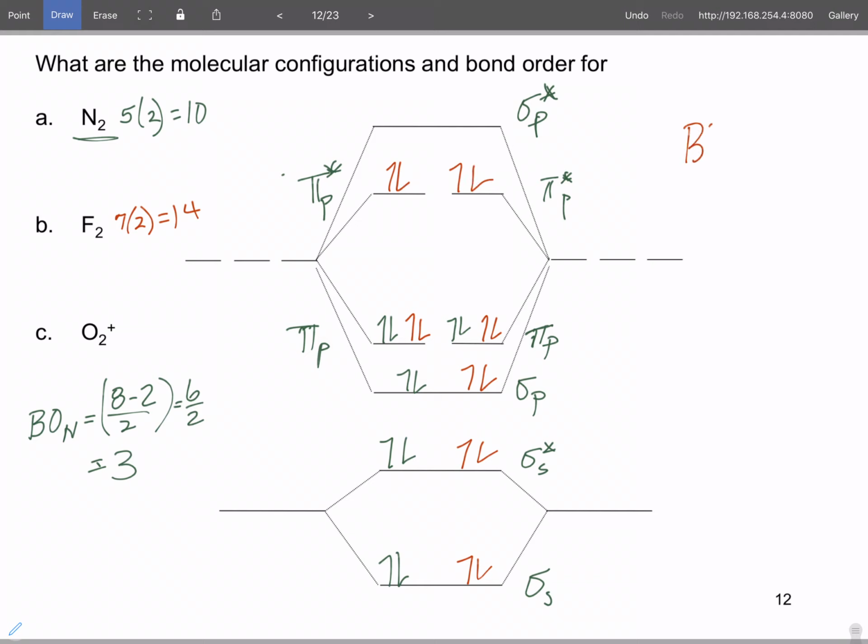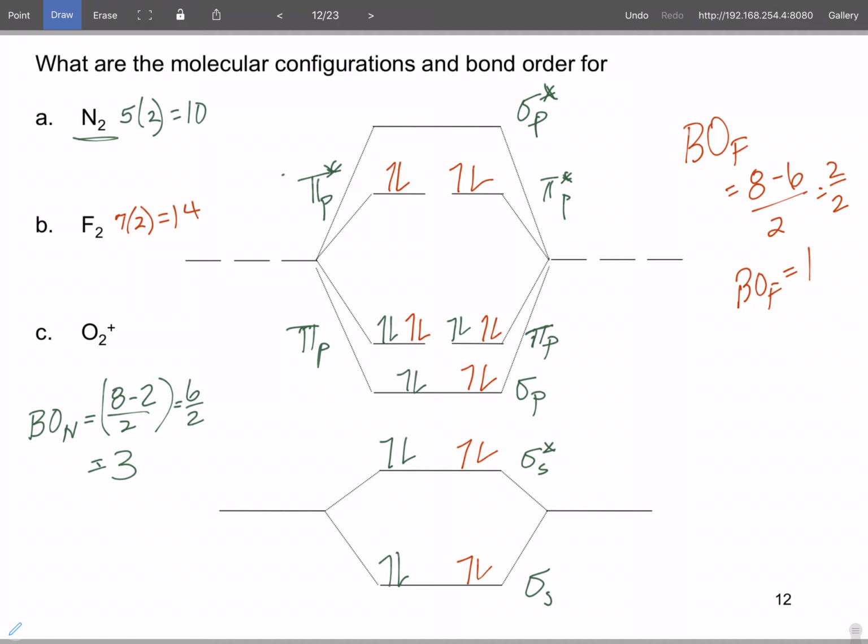So if we look at the bond order for the fluorine, we have 2, 4, 6, 8 bonding electrons, and then we have 2, 4, 6 anti-bonding electrons, divided by 2, so that's 2 divided by 2. So the bond order for fluorine is 1.